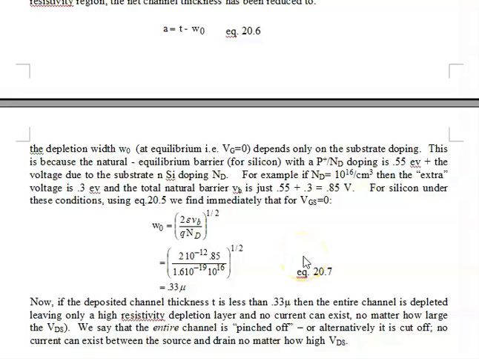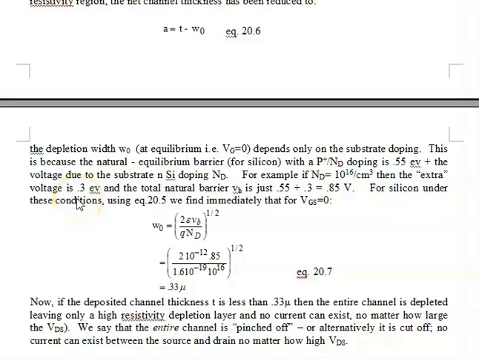Putting in some numbers for a P plus N doped semiconductor, the P plus gives us about half of the band gap for silicon, 0.55, plus the extra part due to the doping. And if we're doping at 10 to the 16th, a little bit on the low side, we'll get a difference of 0.3.